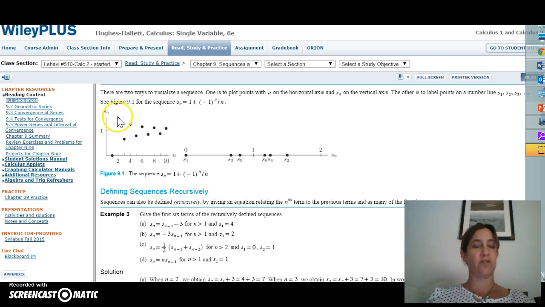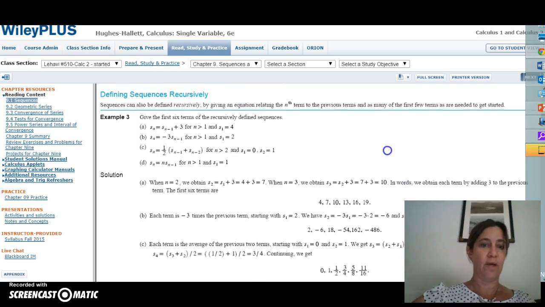Like in this case, it looks like the terms start all over the place, but they all start coming together at 1. This one, if this is 1, this is 2, this is 3, this is 4, this is 5, this one looks like it's also all going towards 1, bouncing back and forth between positive to negative. So this is a nice visual aid if I want to see what the terms of the sequence are doing. As I move down the list of numbers, what happens to them?